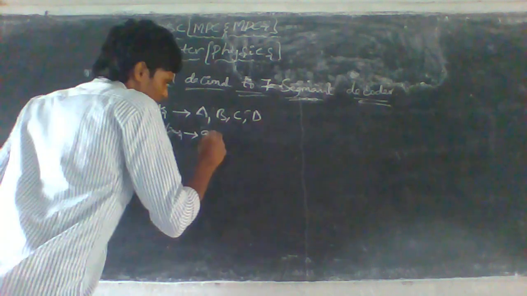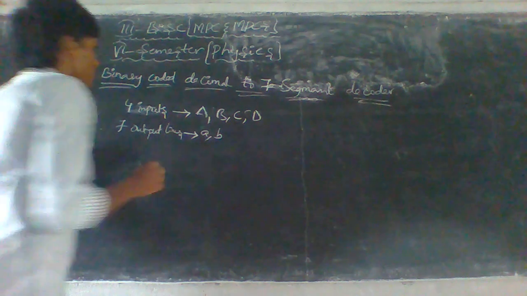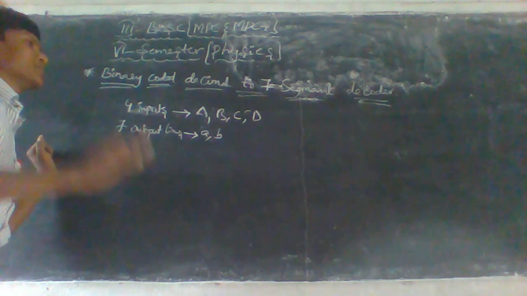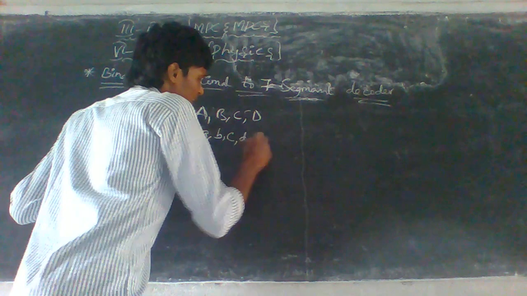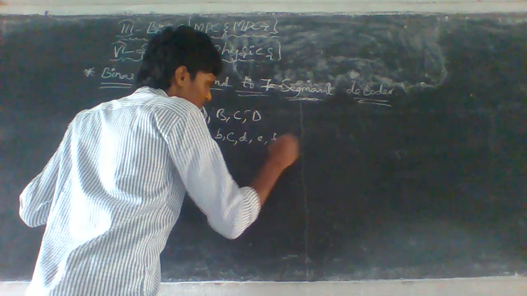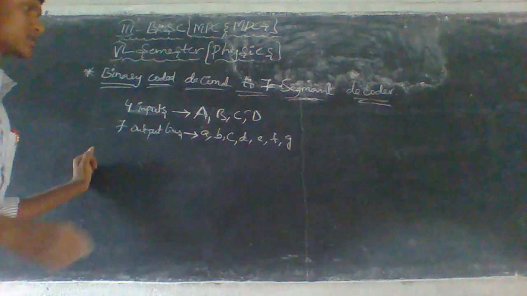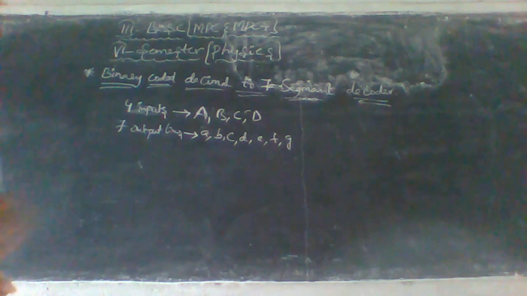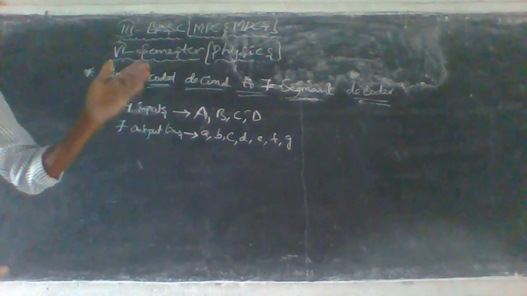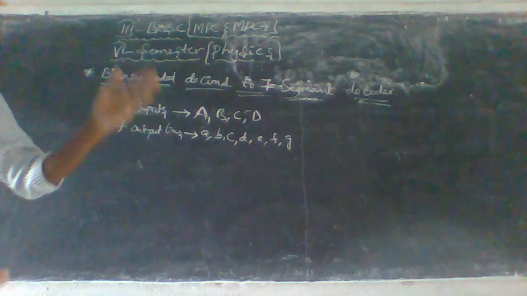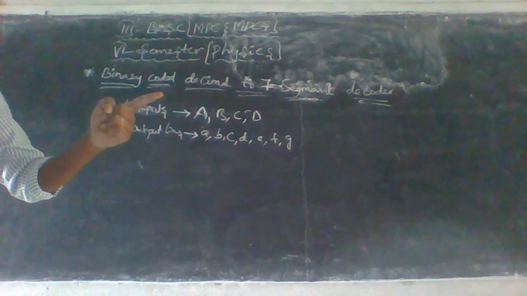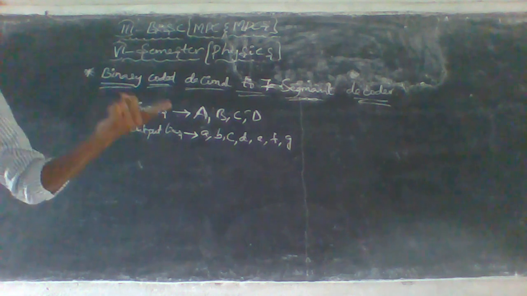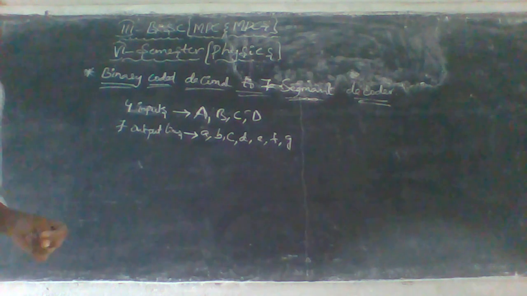The 4 input lines are capital A, B, C, and D. The 7 output lines are small a, b, c, d, e, f, and g. This output is given to the 7 segment light emitting diodes display, which displays the decimal number depending upon these inputs.